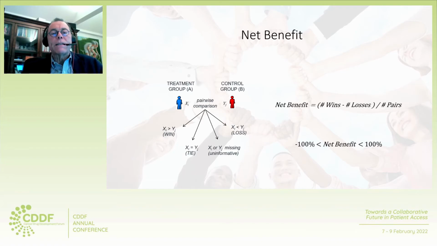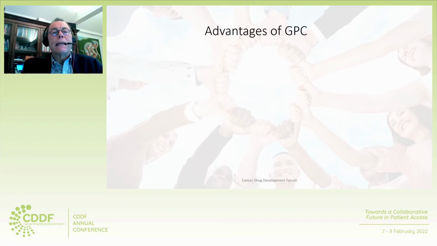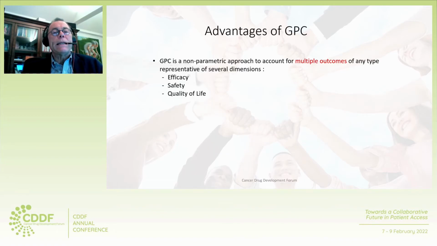The characteristics and properties of this method have been studied in great detail, and the advantages of this method are, in fact, many. The first advantage is that this is a completely non-parametric approach. It doesn't require any assumptions. You often hear about assumptions we have to make statistically, such as the survival distribution has to be exponential, the hazard rates have to be proportional, or the distribution of the outcome must be normal or something like that.